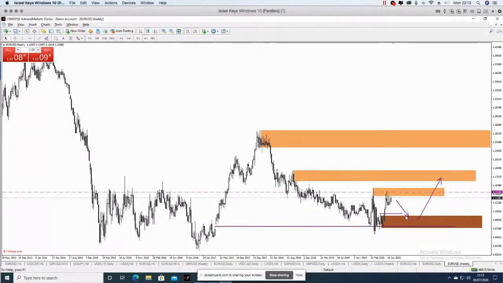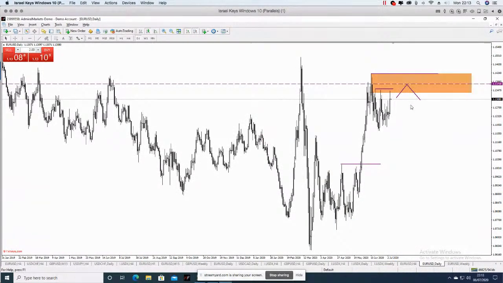So this is all lining up for me. I think we're going to have a down week. I could be wrong, but that's what I think. So that's the case. And on the daily, I'm waiting for daily engulfing. So I'm going to insert, one second, what am I doing?